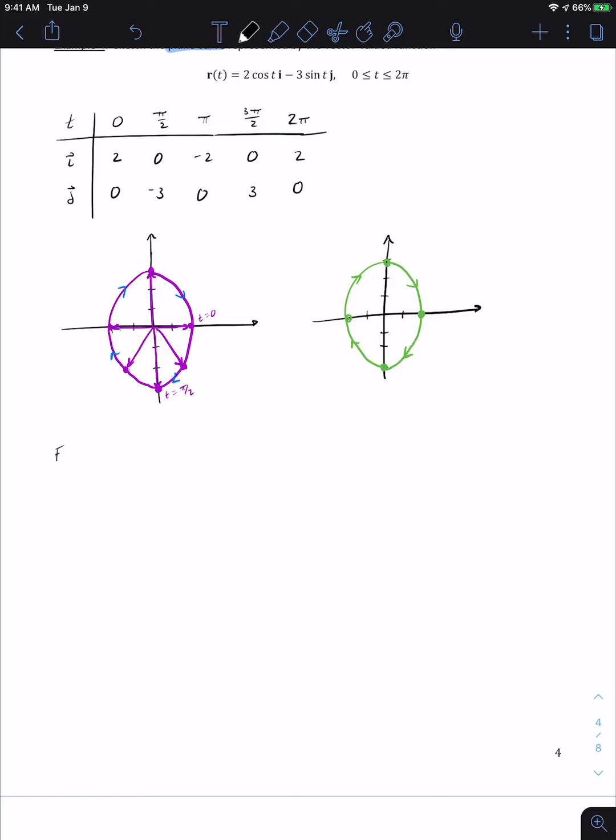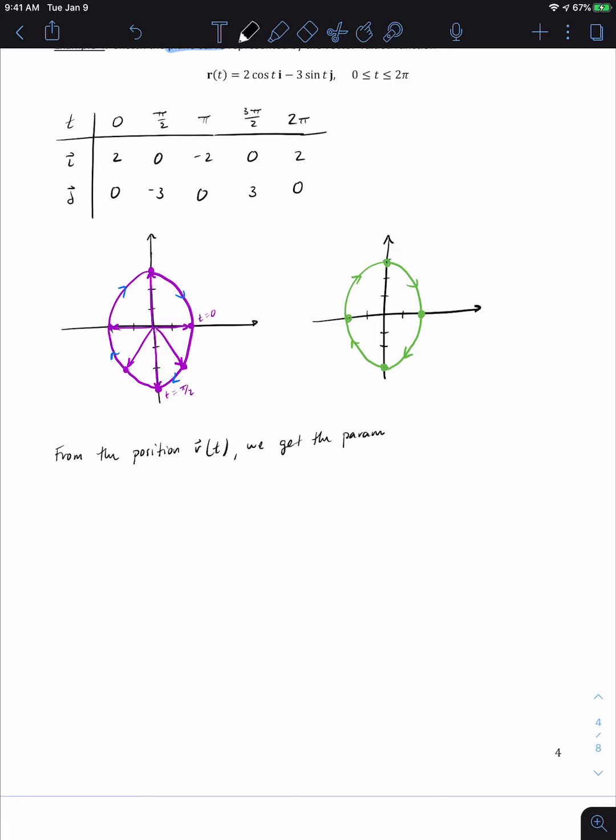So from the position vector, let's talk about this idea of the fact that it's still a parametric equation, either a vector valued function or a parametric equation. The idea is still the same. So from the position vector r of t, we get the parametric equations.